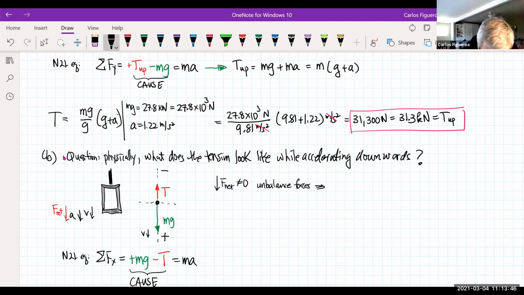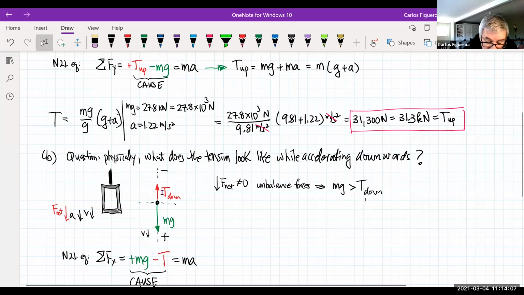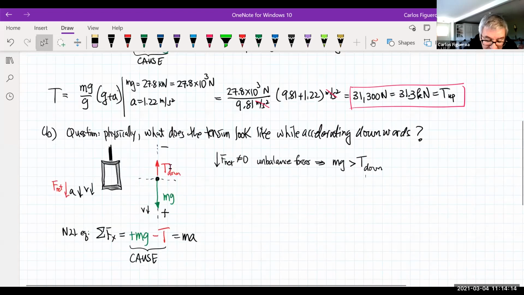That tells us in this scenario that now mg is the opposite, but in this case I'm going to say that that's the tension where we're accelerating down. So what we expect here is that mg should be exactly the same. So if it was 3 squares up here, it has to be 3 squares down. So that means you have to reduce the tension that's acting on this thing.